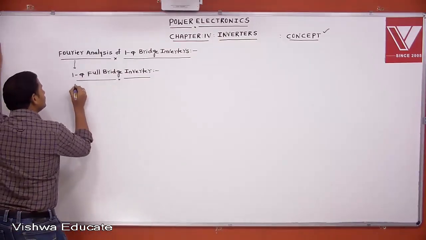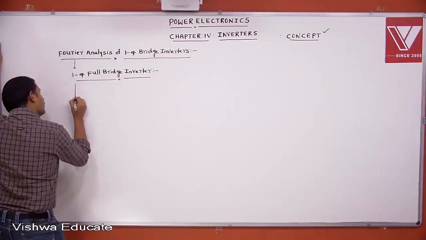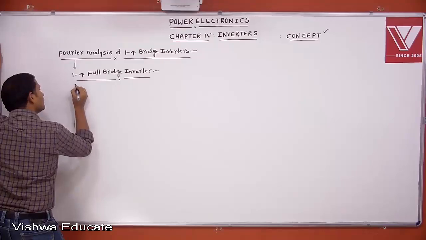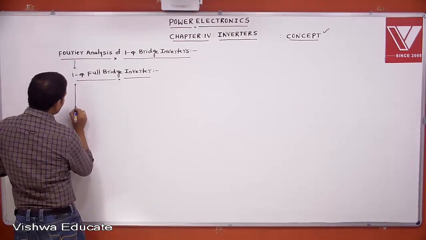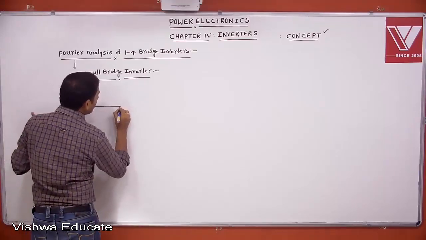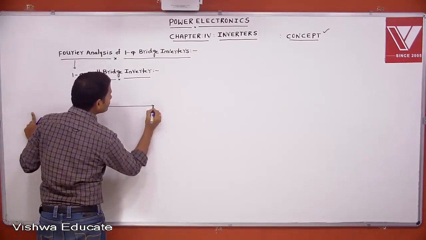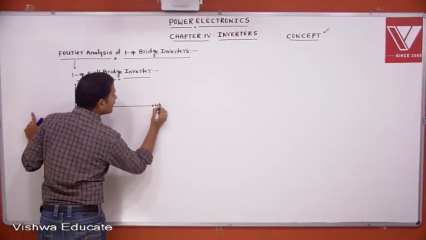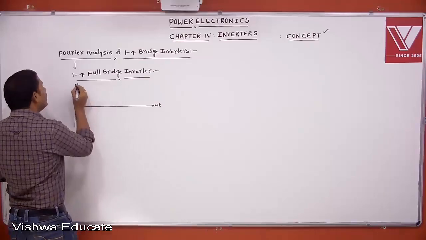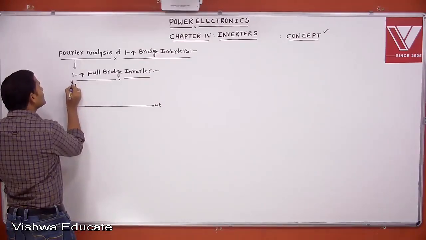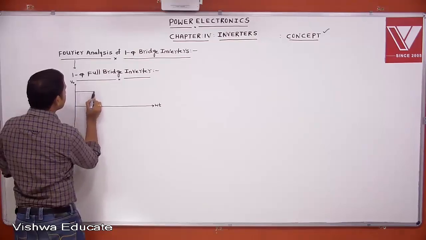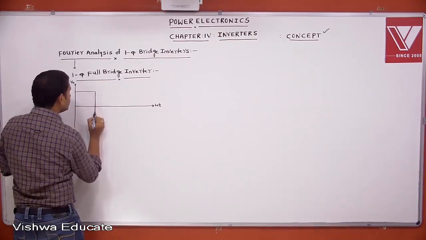Let us consider the output voltage waveform of full bridge inverter. We know that if this full bridge inverter is operated in square wave mode, then what is the output waveform we are getting? Let the instantaneous output voltage be V0. We are getting a square waveform. This waveform you know.